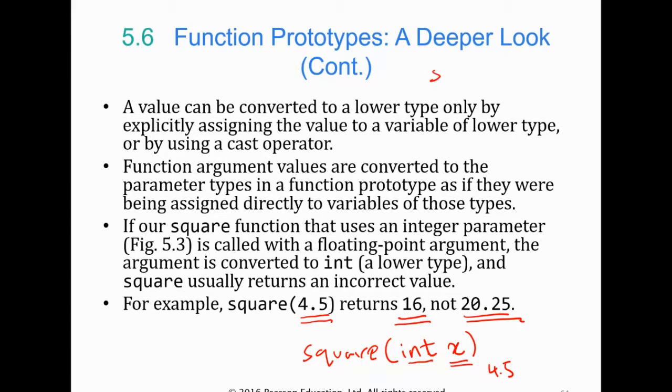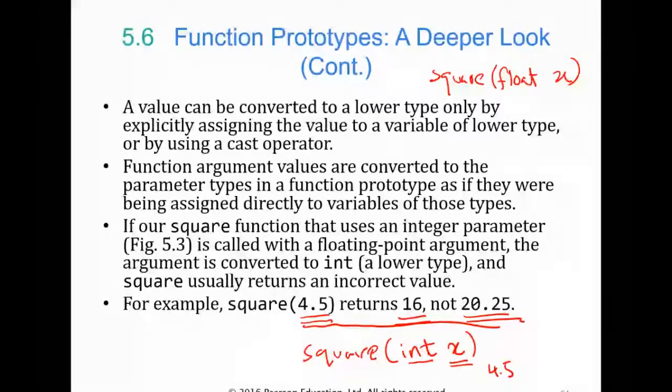Now, if this was something like square of float x, and it received an integer, that integer would be converted into a float, and you would get the correct answer, because you were not losing any information. These are the sort of things you need to be careful about. That's all we're trying to say here.